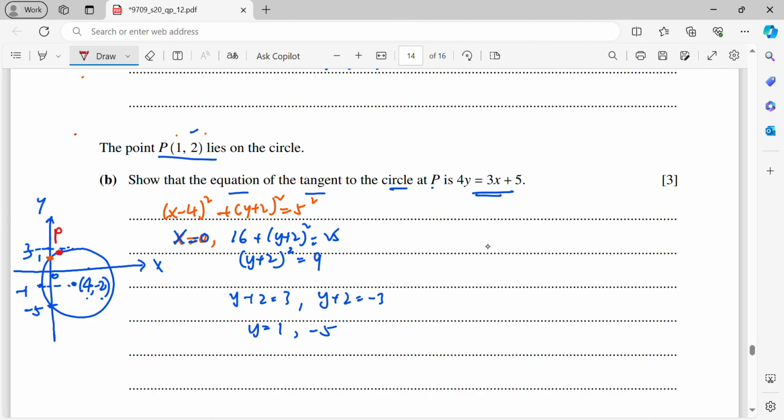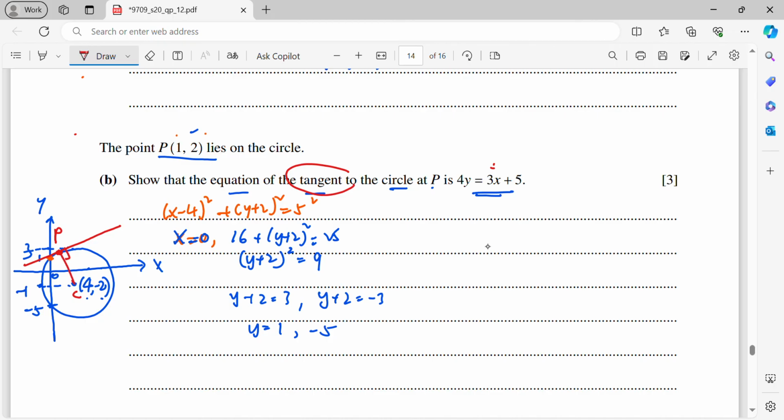Then now, show that the equation of the tangent to the circle at P is this. So equation of the tangent to the circle, that means now you need to show this. This is the line. From here, this is C. Since this is the equation of tangent, that means here must be 90 degrees.